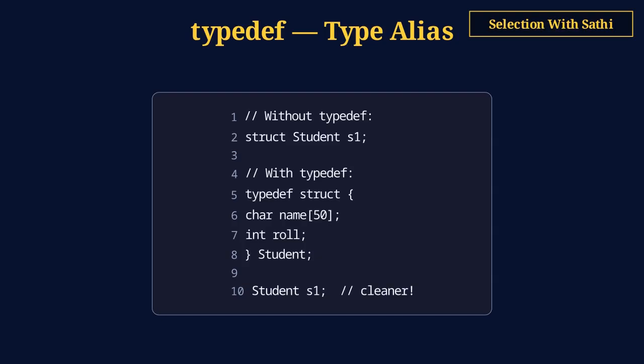The common pattern is typedef struct with the members inside braces, then the alias name. You can also typedef primitive types, typedef unsigned long ulong. In linked list implementations, typedef is especially useful. Typedef struct node with data and a next pointer, then node as the alias.